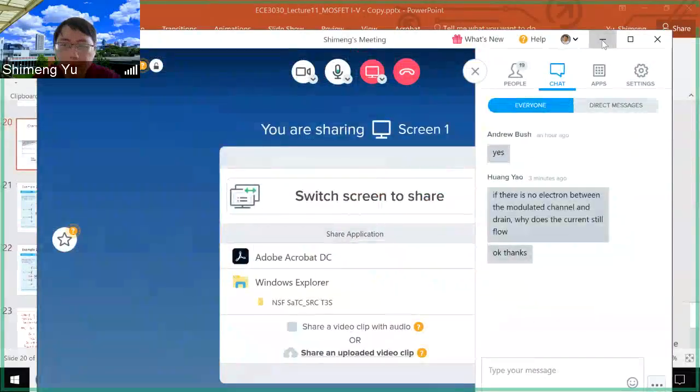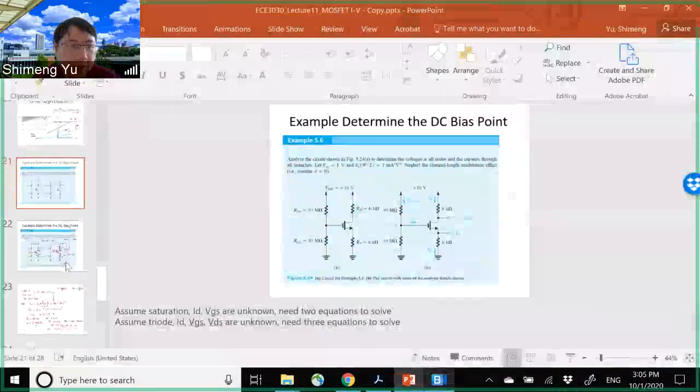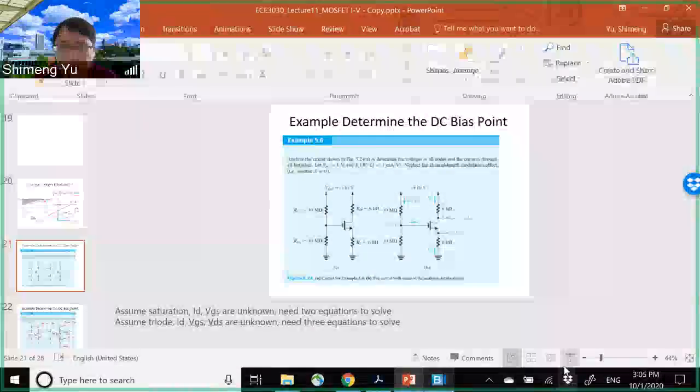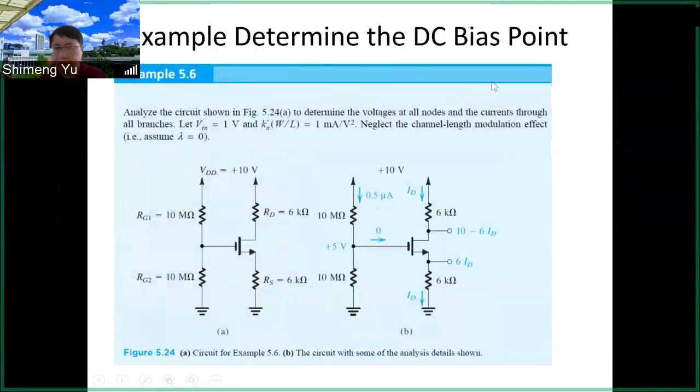All right, so let's move on. Let's look at one example to determine the bias point of this circuit. Here you have some resistors and one transistor.